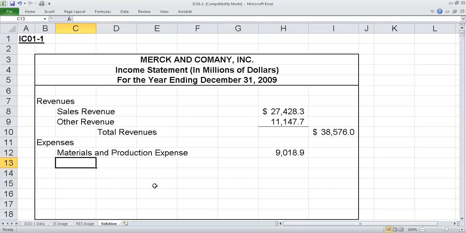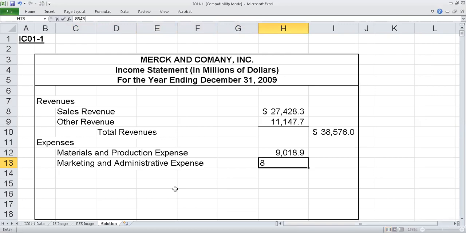So materials and production expense, and notice no dollar sign next to 9,018.9 because it's not the top of the column. 27,428.3 is the top of the column. And we just go from biggest to smallest. Our next biggest expense is marketing and administrative expense, $8,543.2 in millions.